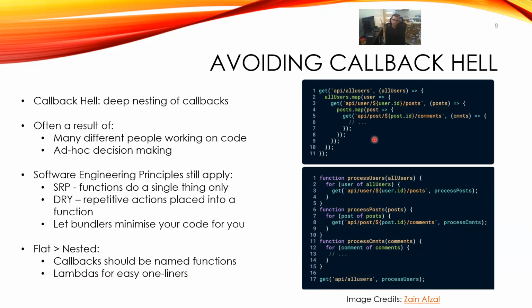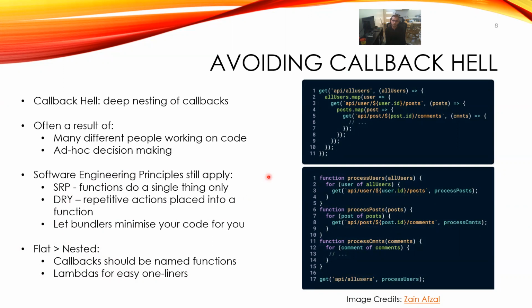So by far, the most software that is written is web front end stuff. And that means it attracts a lot of people of different technical backgrounds, right? So they may not understand things like SRP, the single responsibility principle, or they may never have even heard of it. Maybe they don't know what DRY is, don't repeat yourself, right?